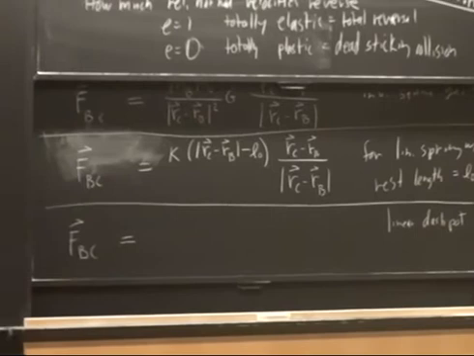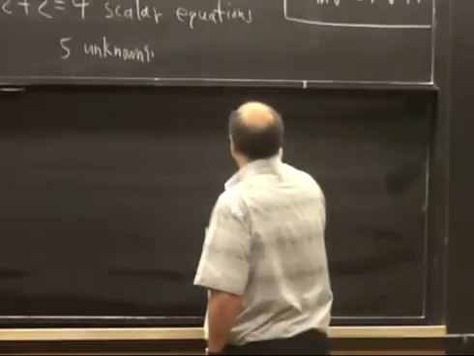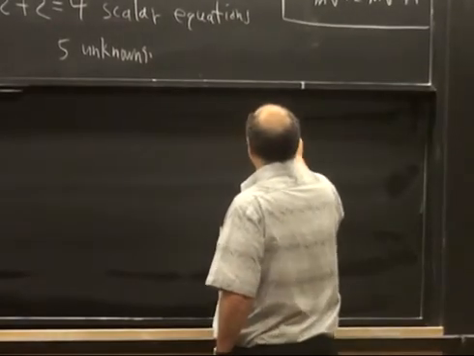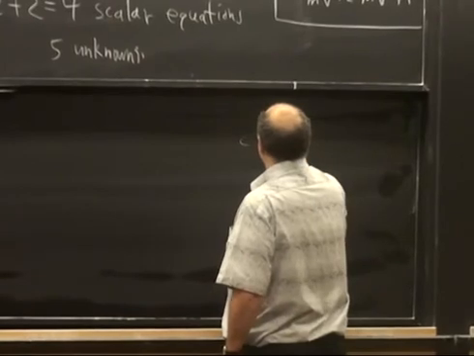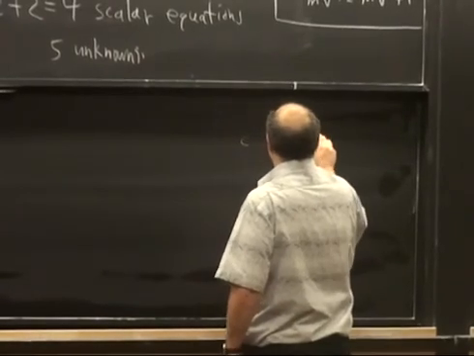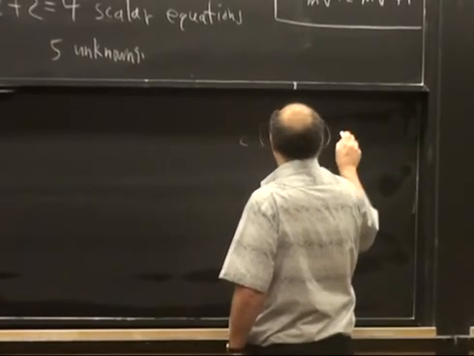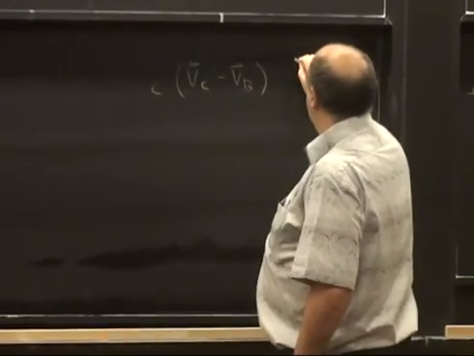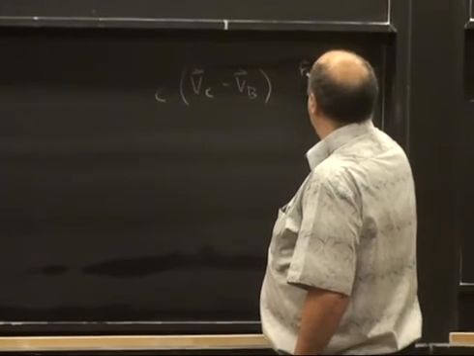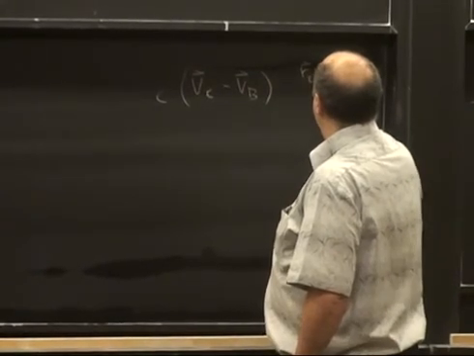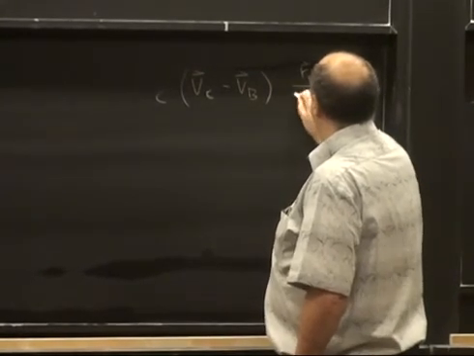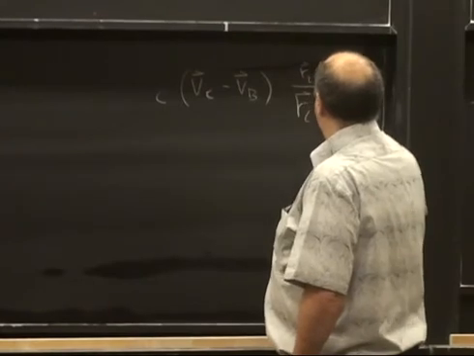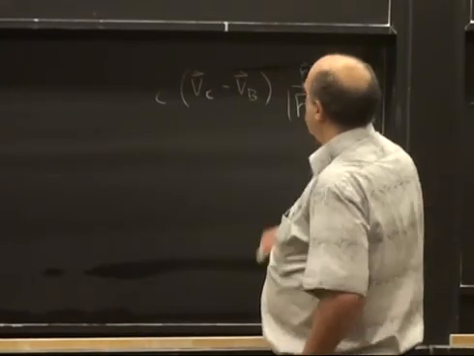C times the magnitude of velocity of C minus velocity of B. Yes? Radius C minus radius B, over the magnitude, and that's your answer?